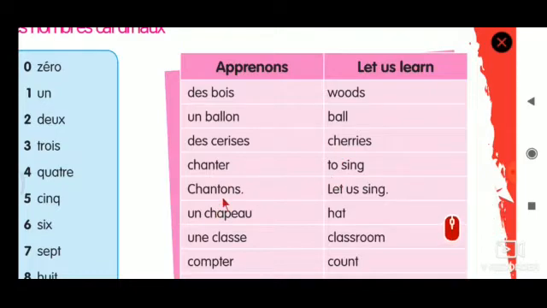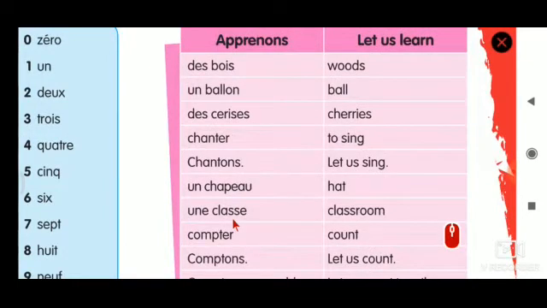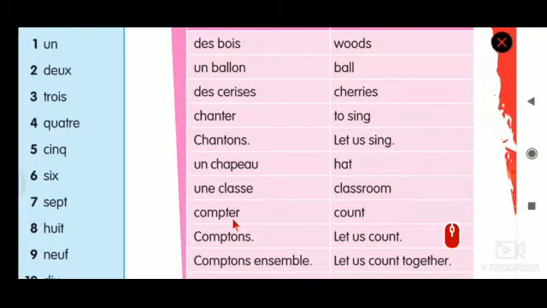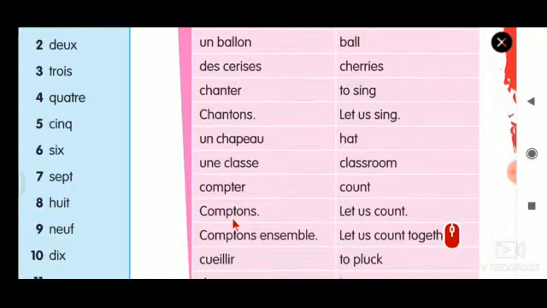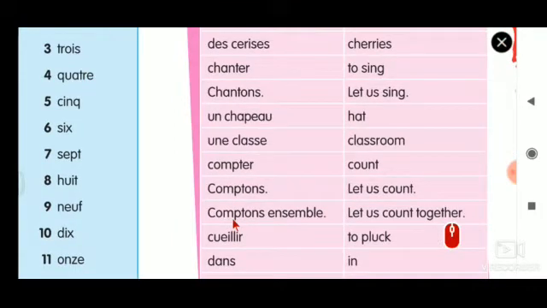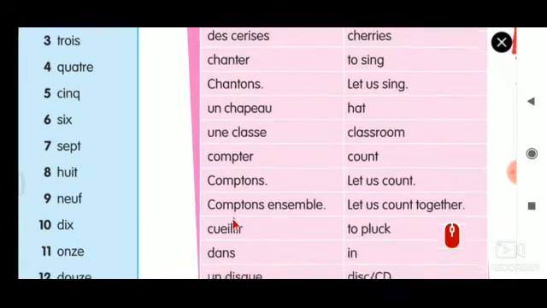Chantons, let us sing. Un chapeau, hat. In class, classroom. Compter, count. Comptons, let us count. Comptons ensemble, let us count together.